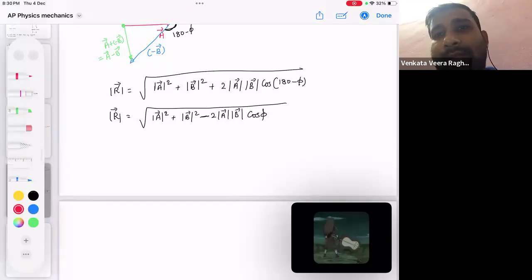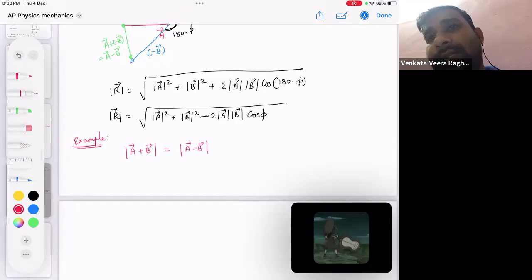This question you don't have to solve much. You can remember it also as a result. The question gave: A vector plus B vector magnitude is equal to A vector minus B vector magnitude. Understood the question? Okay.